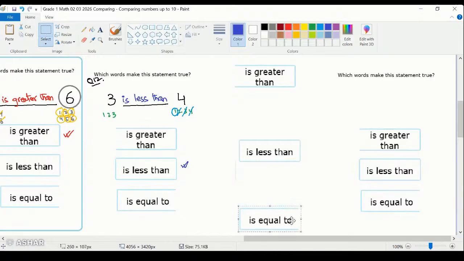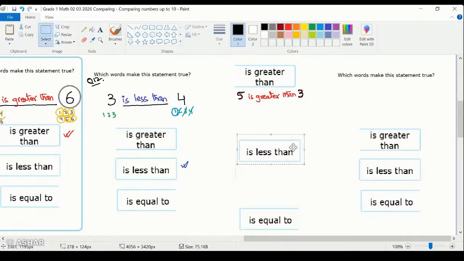Let's look at an example. If I wrote 5 is greater than 3, right? We agree on this. 5 would always be greater than 3. Agreed?